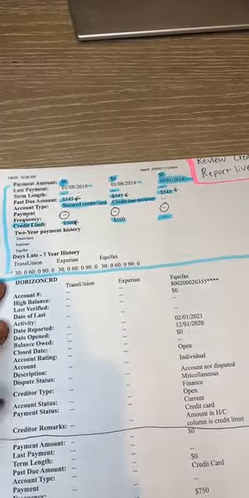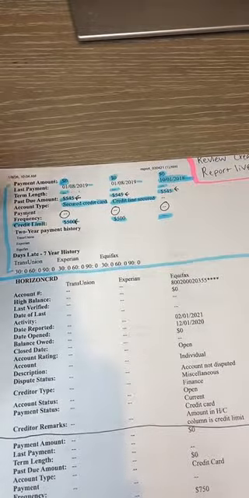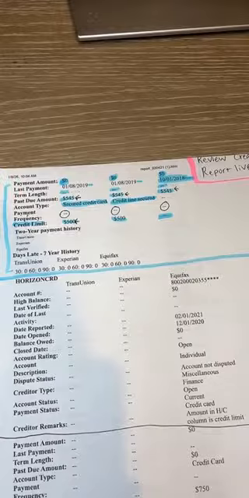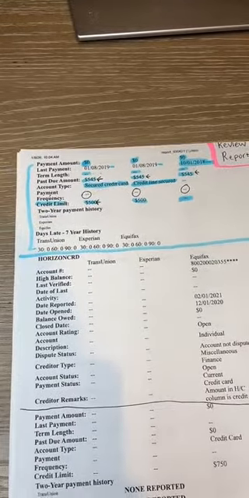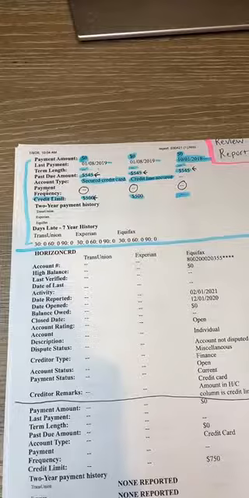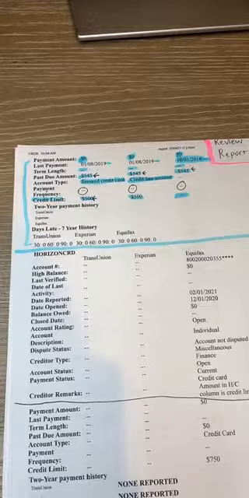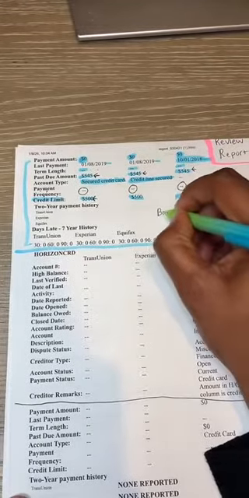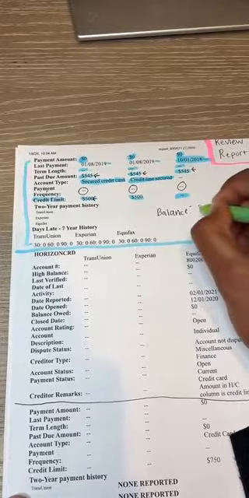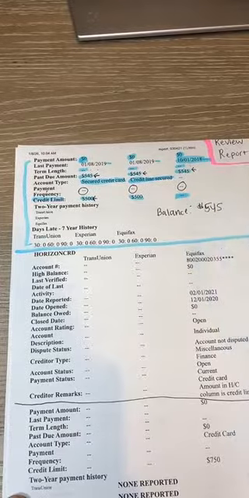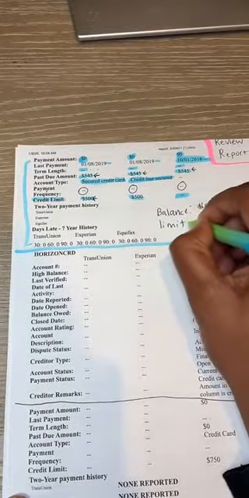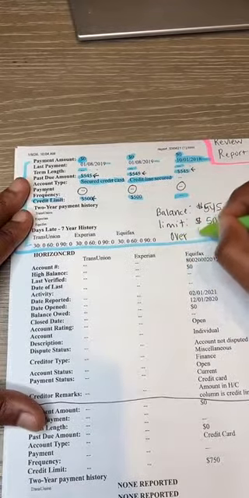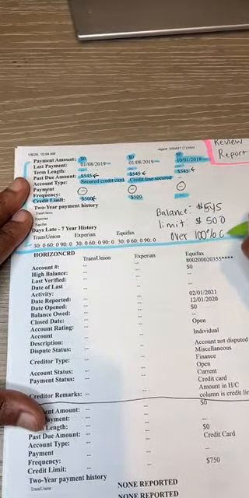Okay, so what does that say? That says that this person, the last time that it was reported, used over their credit limit. So more than likely, their credit utilization was over 100%, because if your balance is $545 and your limit is only $500, you are over 100% of your credit utilization.